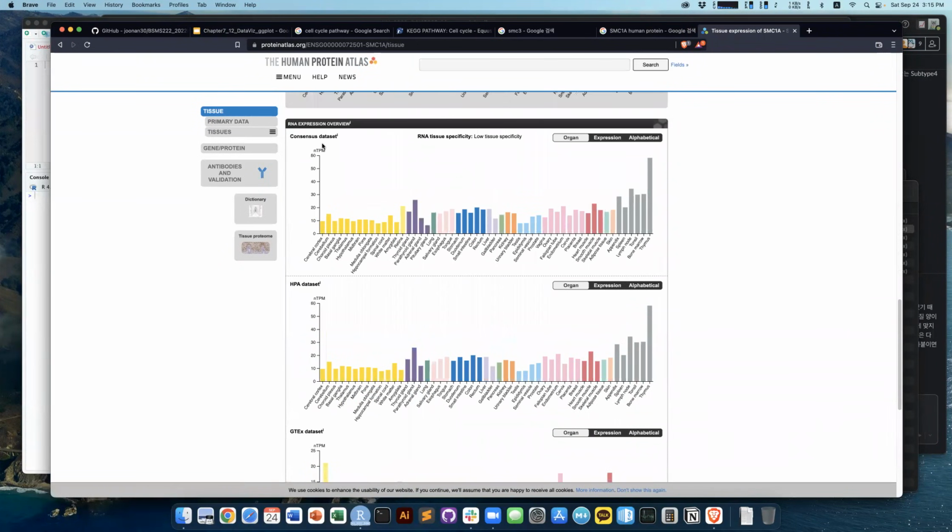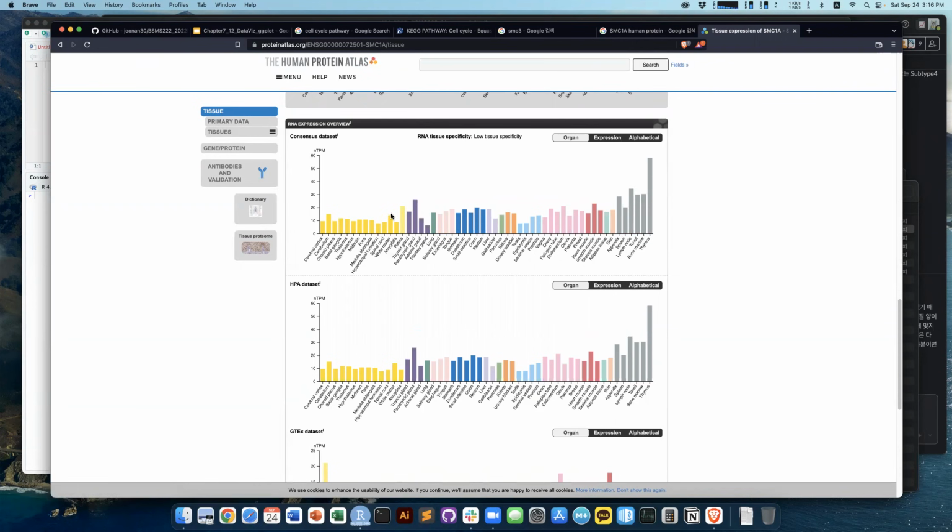So if you look at the gene expression, the highest value is from the thymus, right? So we can just use the bar plot showing the rank between tissues, right? So we can rank from this one, this one, this one, and this one in order.